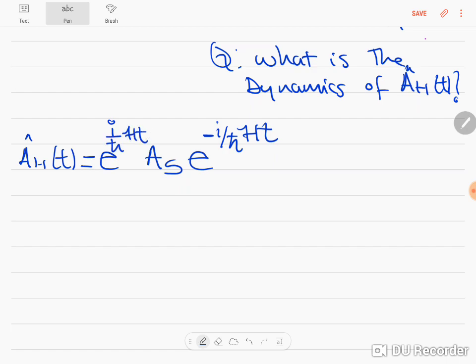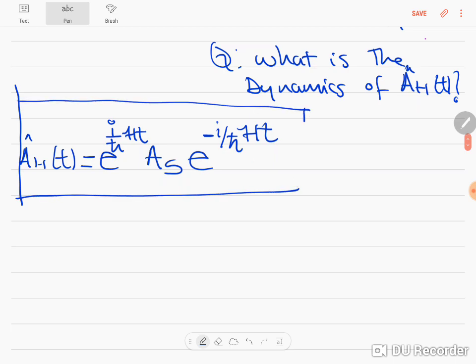Okay, so this is the way we write the time representation of operators in the Heisenberg picture given a Hamiltonian.